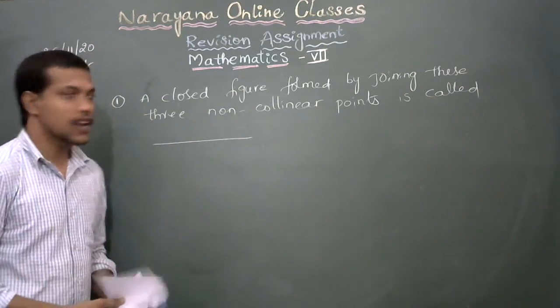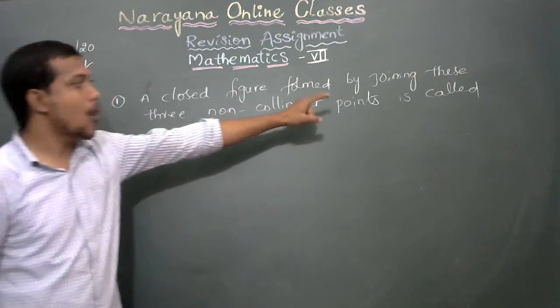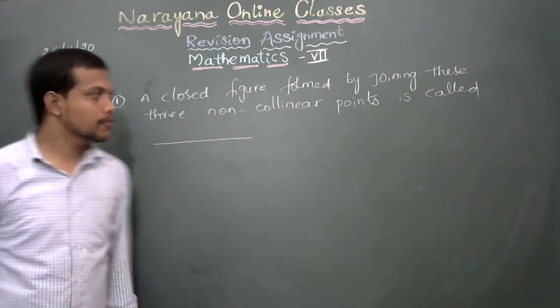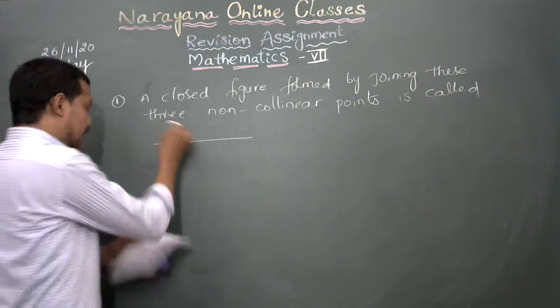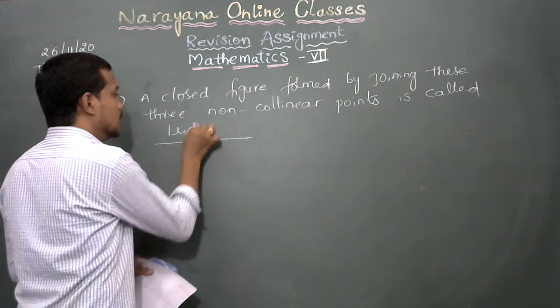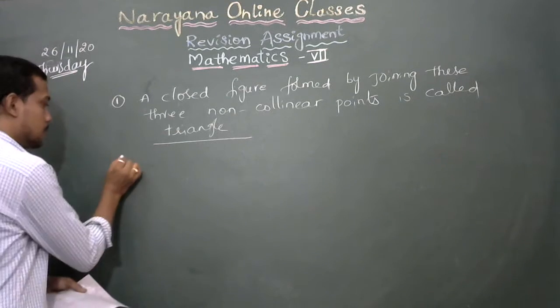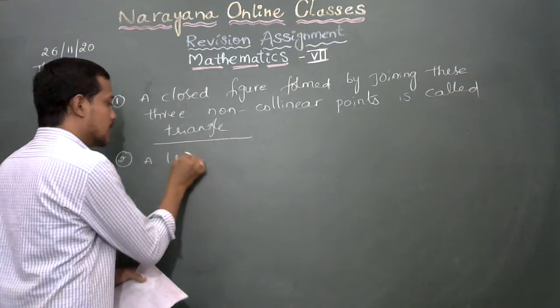A closed figure formed by joining these three non-collinear points is called triangle.